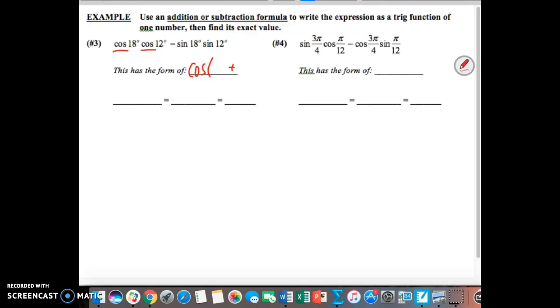So it'll just be cosine of 18 degrees plus 12 degrees. So we know that cosine of 18 plus 12 is equal to cosine of 30 degrees. And cosine of 30 degrees in the first quadrant is the square root of 3 over 2.